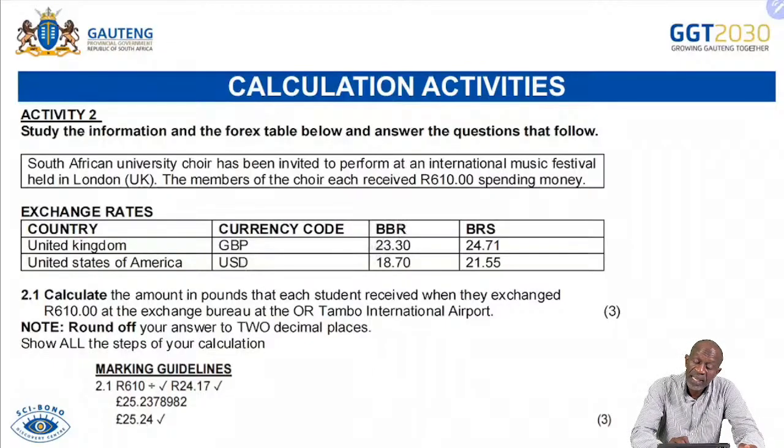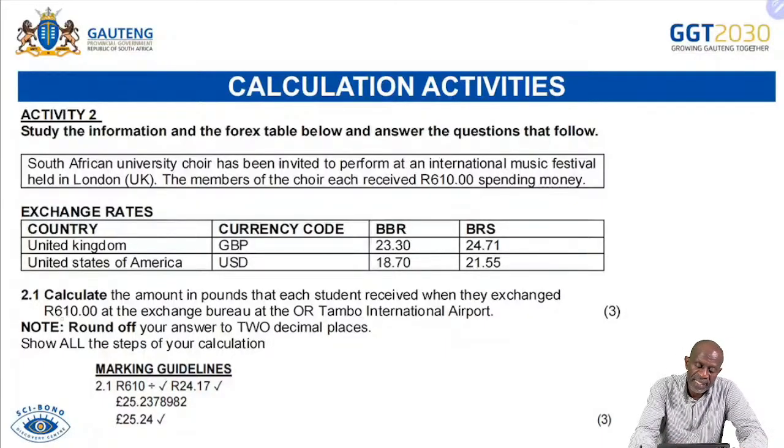Here are the BBR, the bank buying rate, and the bank selling rate. When you exchange foreign currency into rands, the bank will use the bank buying rate. But when you buy foreign currencies, the bank will use the bank selling rate.